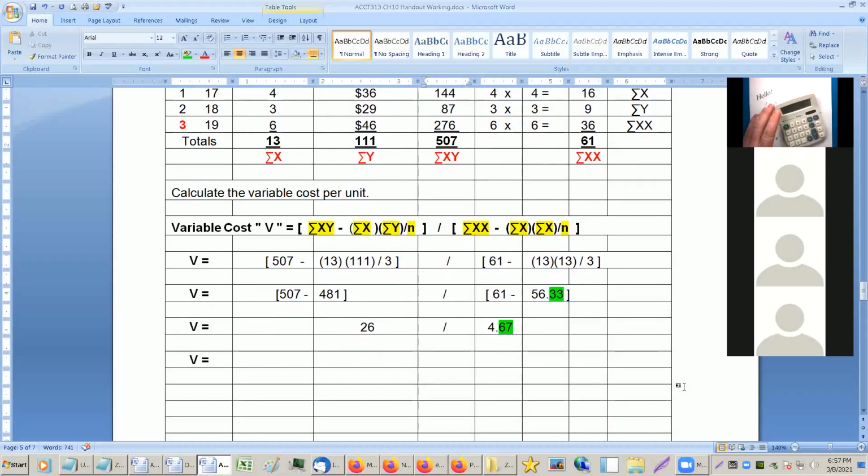Okay, so 26 divided by 4.6. 5.56, so is it 5.57? Oh, let's try that again. So $5.57. So this is our variable cost, our best estimate of our variable cost per unit.